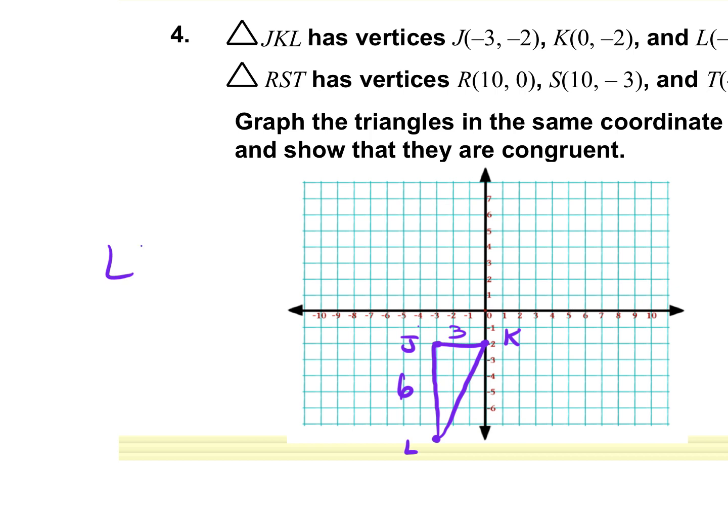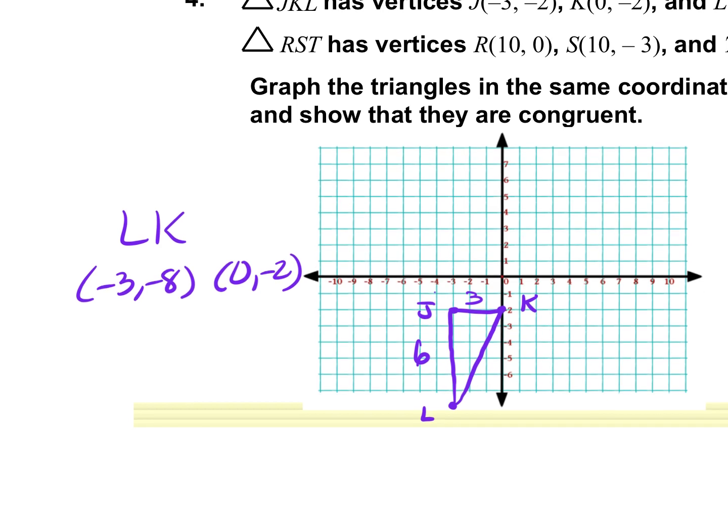So let me go ahead and do that. For LK, the ordered pair for L is -3, -8. For K, 0, -2. Remember the distance formula. We subtract the x's, square them, subtract the y's, square them, and then add those two squares. So 0 minus -3 squared plus -2 minus -8 squared, all under the radical.